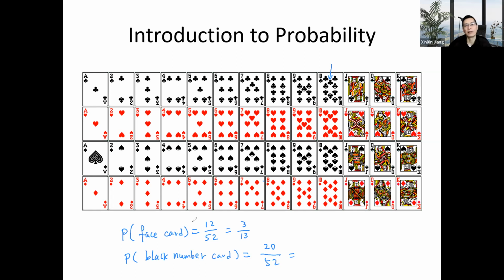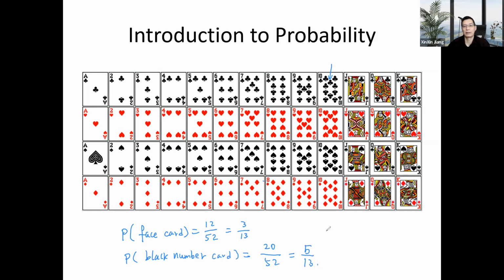Oh, okay. Here we're still selecting a card from a standard deck of cards. We're not selecting a card from black cards, okay? That's the concept of conditional probability we will be discussing later on. So that's 5 out of 13.